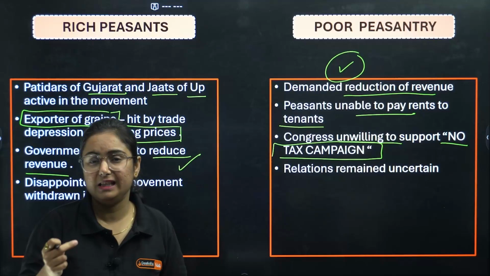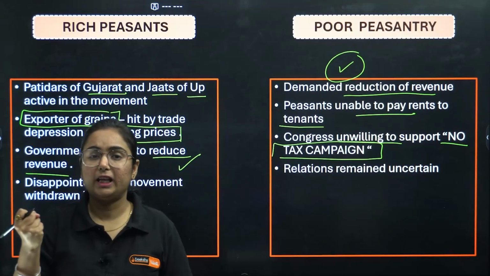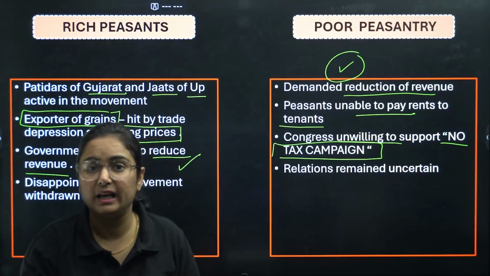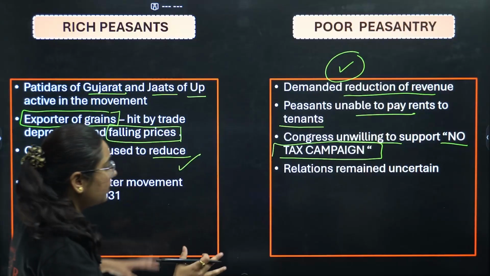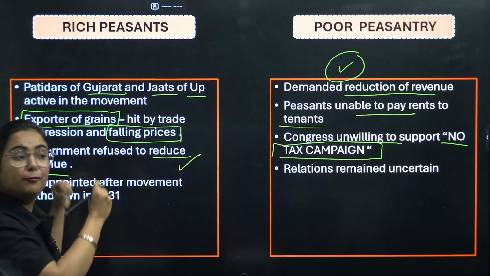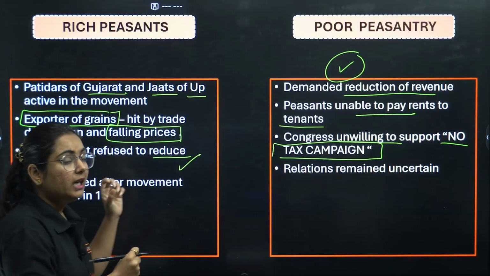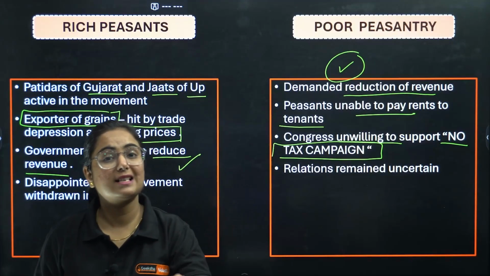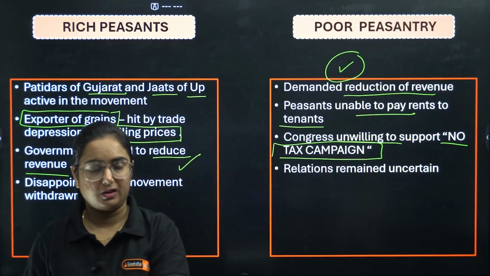Because what was seen in the villages was that the landlords were being hit, right? See, the interest of Congress lies with the rich people. Why? Because somewhere a political party also has backing from rich people, right?